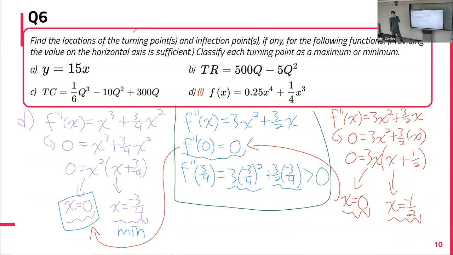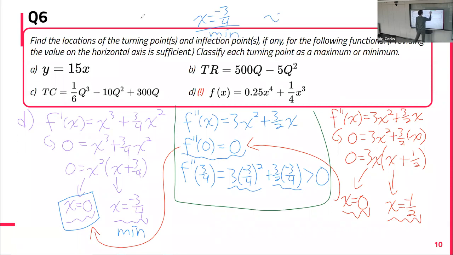Okay, so let me draw the graph of this for you. It will make a little more sense, at least when we have the graph. I'll have to erase some information here. So we said from left to right, we have x equals negative 3/4 as a minimum.